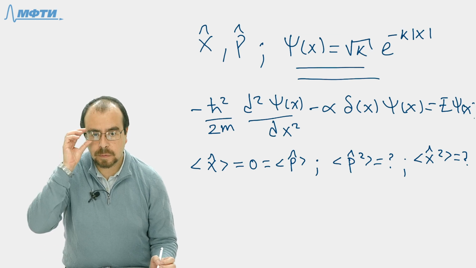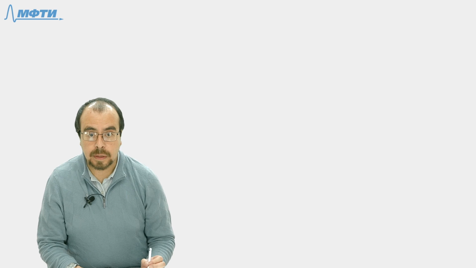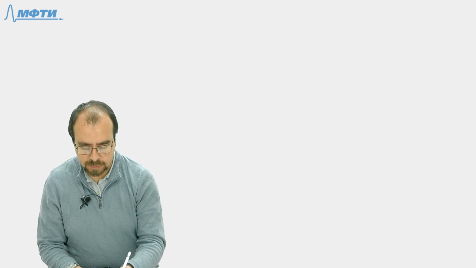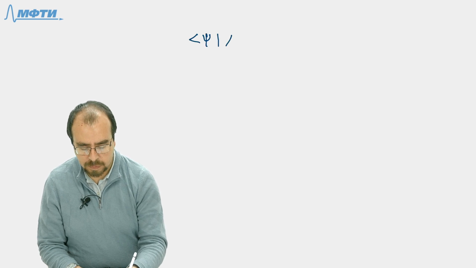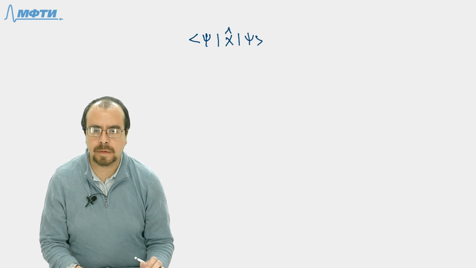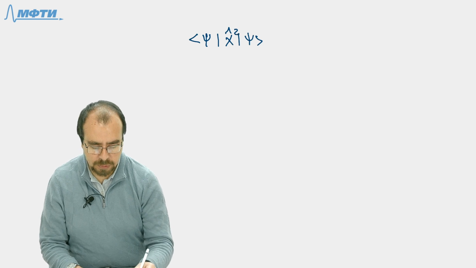So in principle, to do this, we had to integrate, right? We checked that our mean values were given in terms of our psi vectors, which were the solution of the Schrödinger equation.